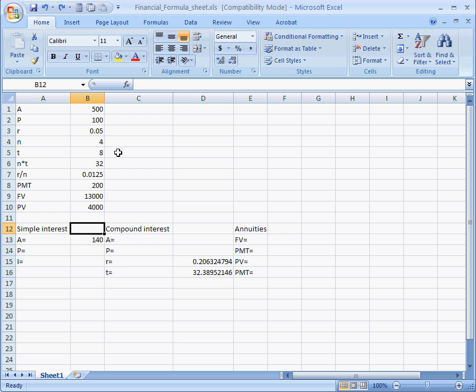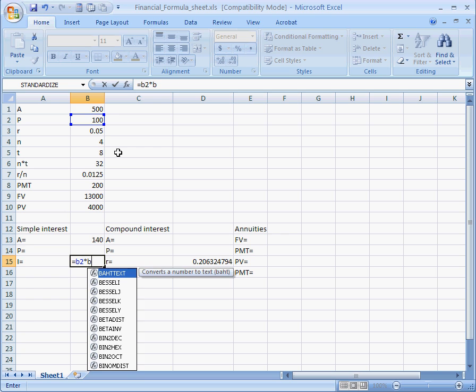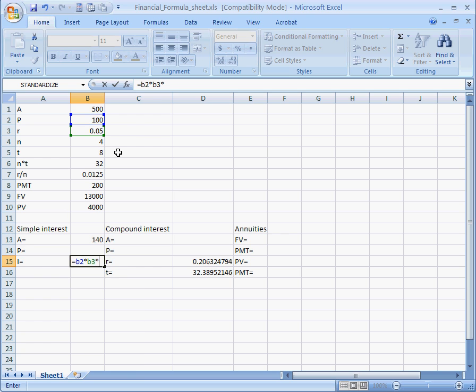Okay. I could do a similar thing for P or I. I'll do I real quick. Again, I is PRT. That should be B2 times B3 times B5. For compound interest, let's do P, that's the present value.